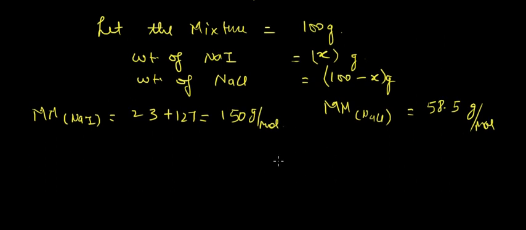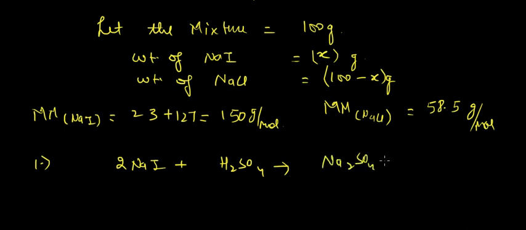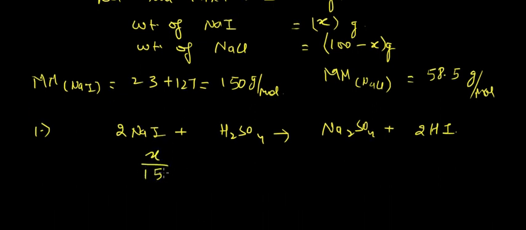According to the first reaction, 2 moles of NaI on reacting with H2SO4 produce Na2SO4 plus 2 moles of HI. So we have x grams, so total moles would be x grams divided by molar mass of NaI, which is 150 gram per mole. The moles of Na2SO4 produced would be half of moles of NaI, that would be x by 300.